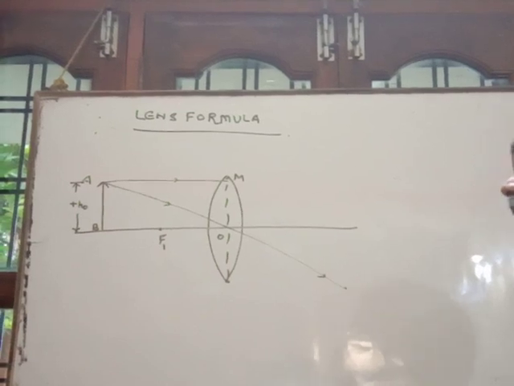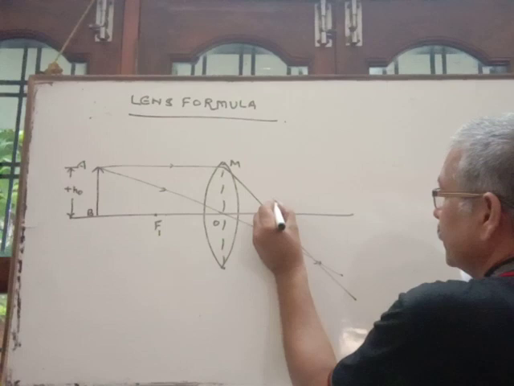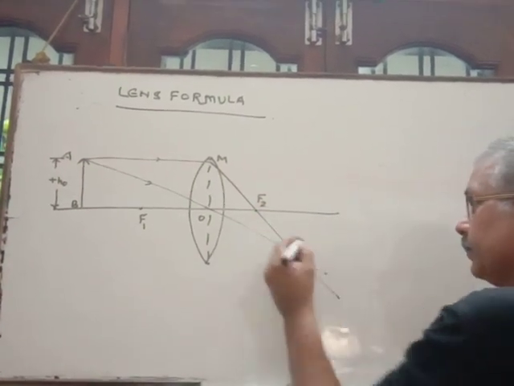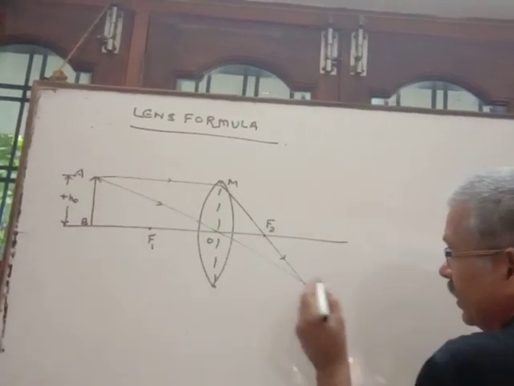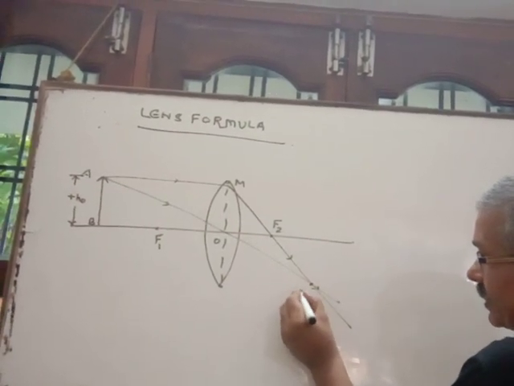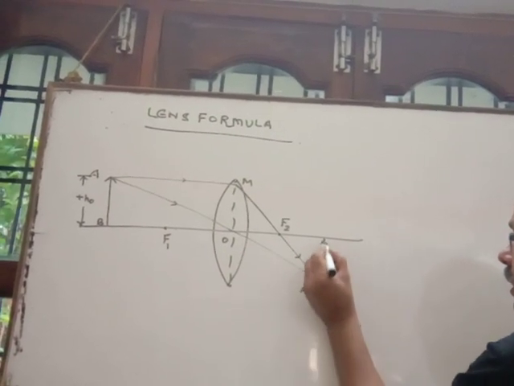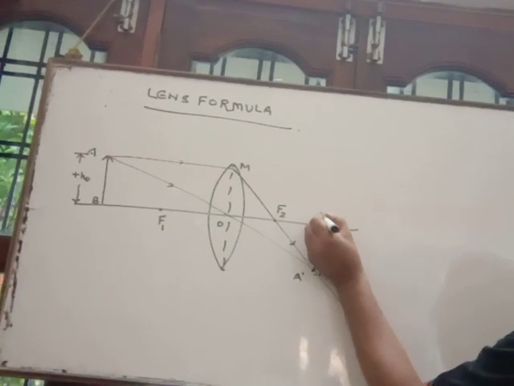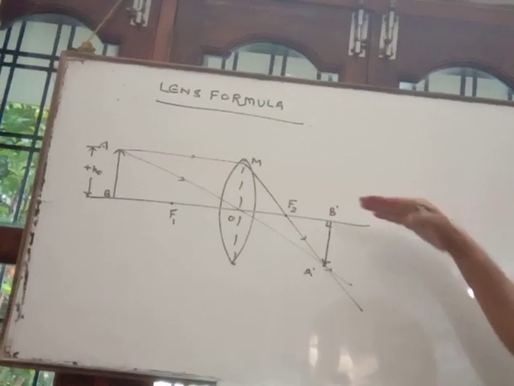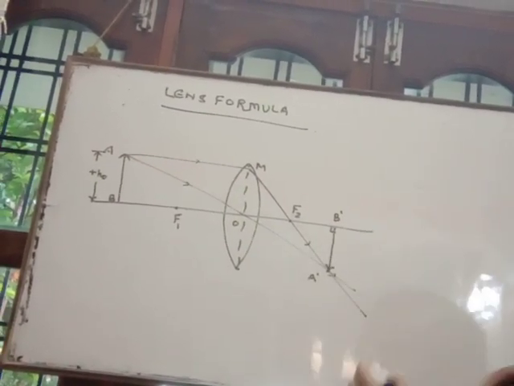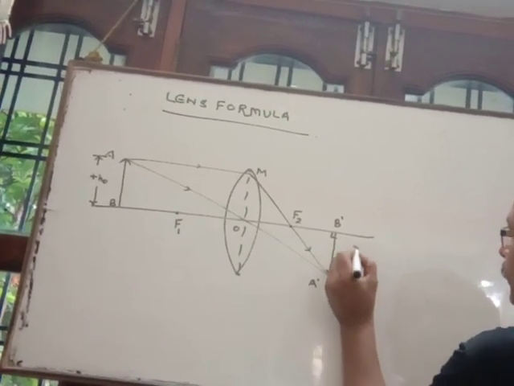After refraction, it passes through, as you know, the second focus, the main focus F2, and both refracted rays coming from A get intersected at this point. So it is A dash corresponding to A. So this is the image A dash, B dash, and here its height is supposed to be negative because we are moving downward from the principal axis. So it is minus HI.